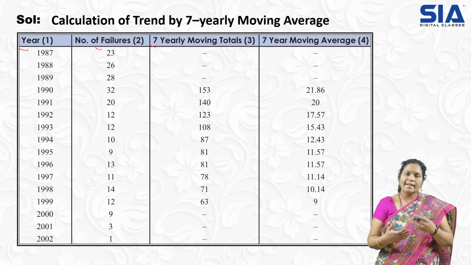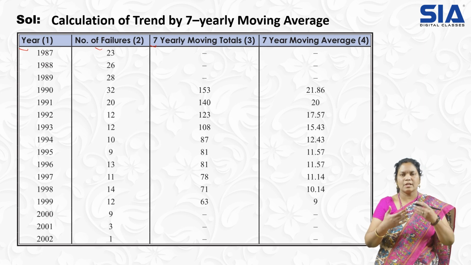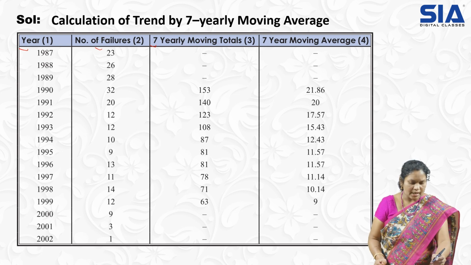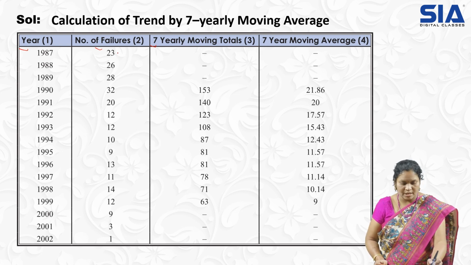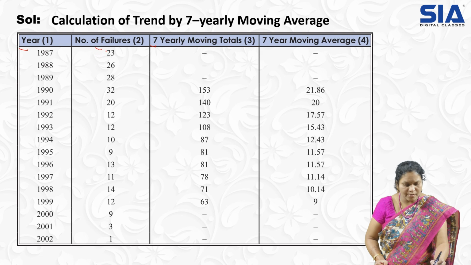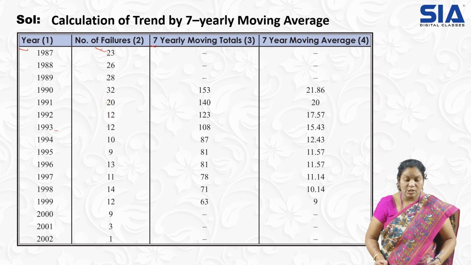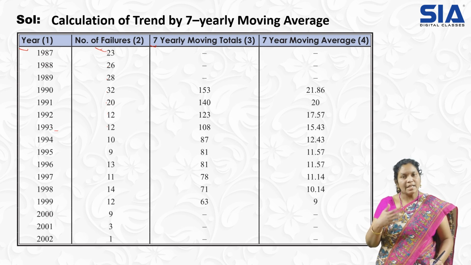So while writing itself, be cautious and add with a good space in between each year. I have taken the first 7 years, check it out. It falls from 23 to, let us count, 1, 2, 3, 4, 5, 6, 7, so up to 93.